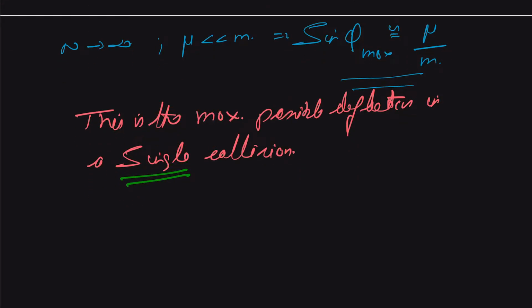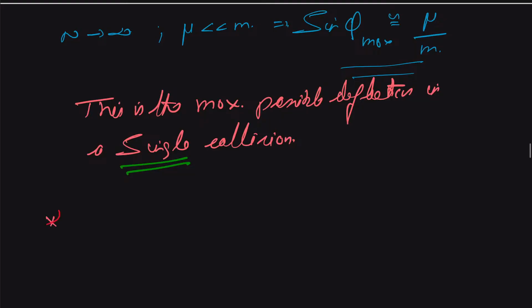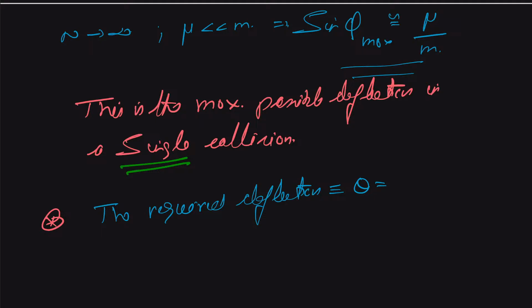Okay. Now we are going to write with respect to the angle, we can say that the required deflection, that is theta, is equal to pi upon n, which we have already derived, and this should always be less than the maximum value of the deflection. Okay.